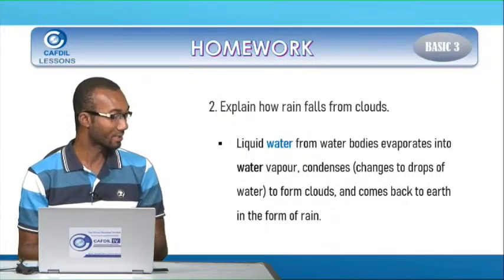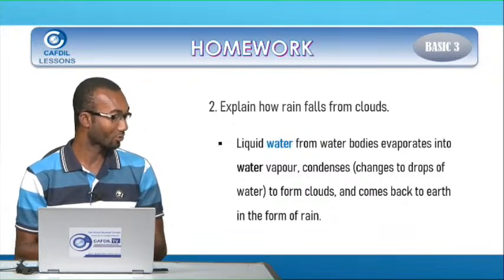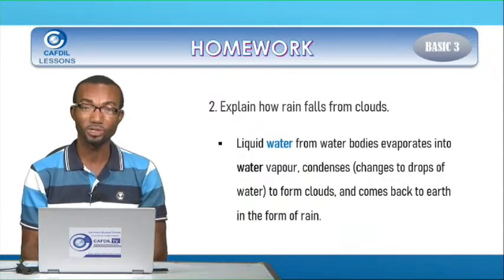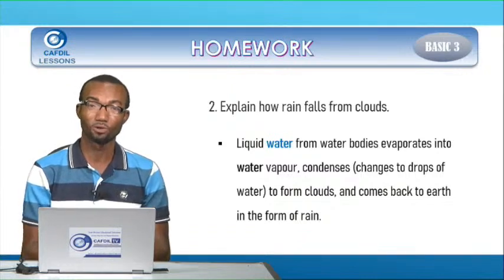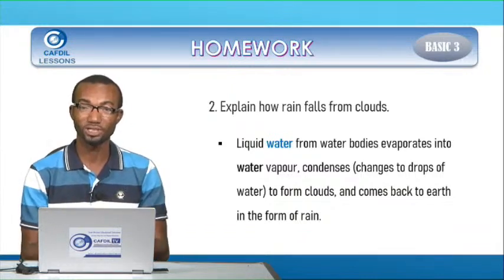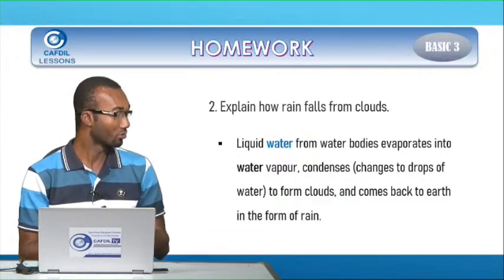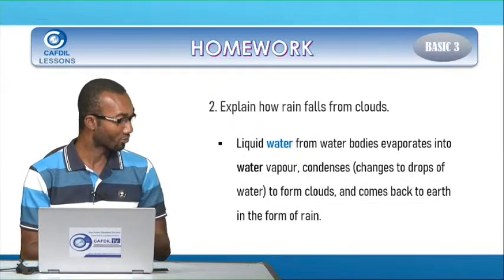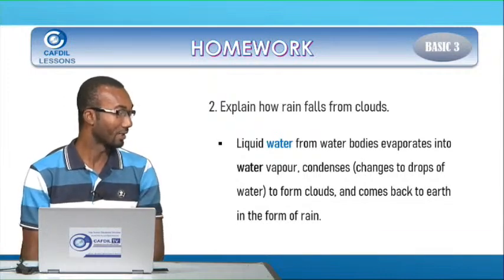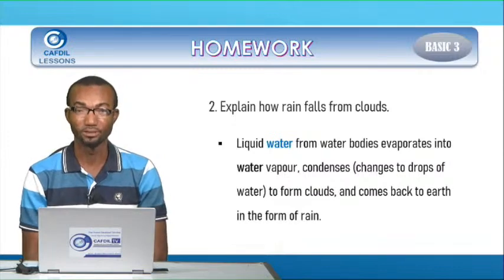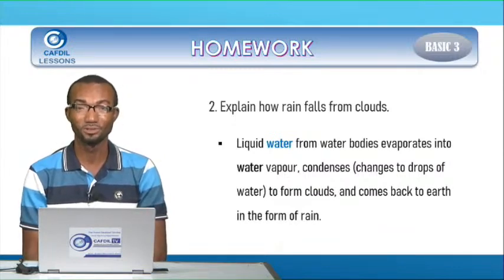Then it condenses, that is, it changes from vapor to drops of water to form the clouds, and then it comes back to earth in the form of rain. So this is how rain falls from clouds.